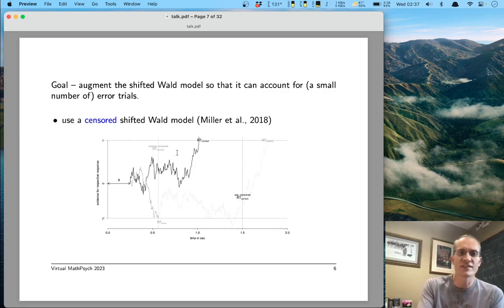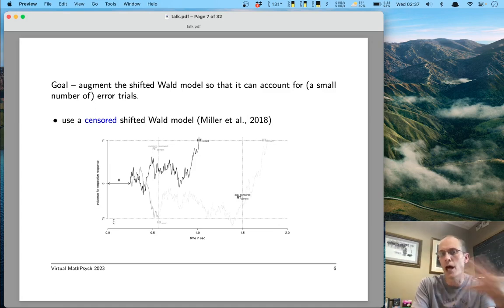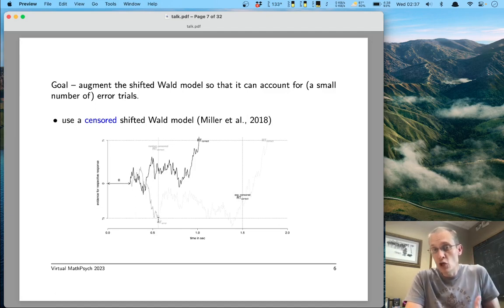But what if we were to consider a diffusion model-like boundary? So this is not a real boundary, but like an artificial point, so that when you get an error trial, you can consider the response time of that error trial as simply an artificially censored accumulator. The idea here is that on that trial, the gray line that you see, when it's accumulating information, if you hit an error, that accumulator ideally would still be considered to accumulate toward the correct boundary eventually if you let it.